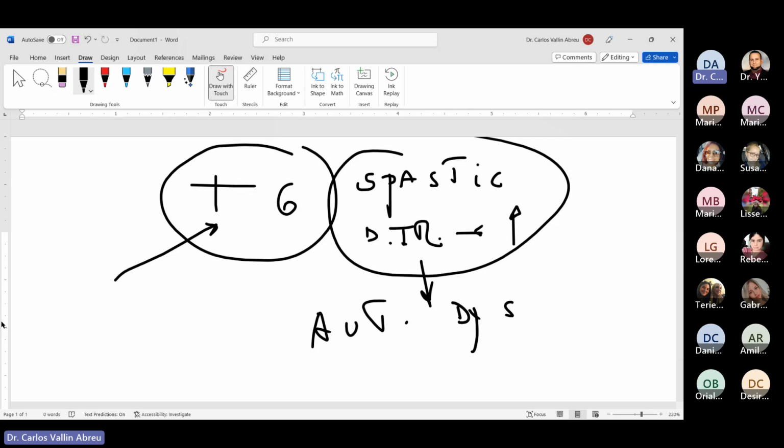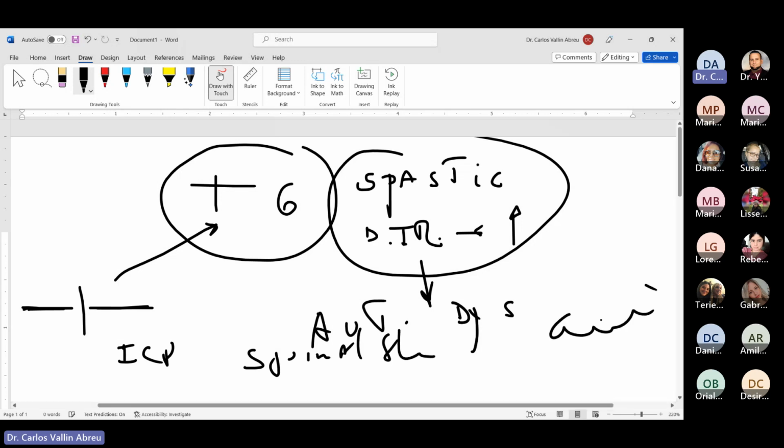It's important that I explain that because, for example, one of the questions that you can have in the new generation is a clinical scenario like this. And then they say these findings can be related to ICP, spinal shock, or autonomic dysreflexia.